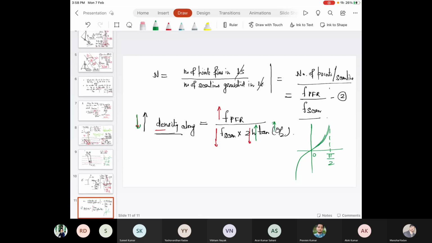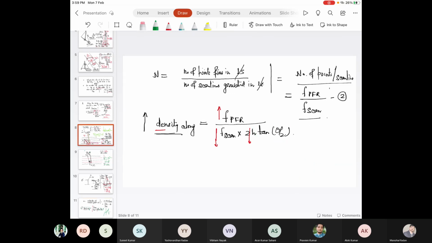So if you increase theta, tan theta will increase, and this will decrease the density. What does this mean? It means you should have a restricted field of view. Your mirror speed should be low, and you need to generate laser pulses at a high firing rate. Then only can you obtain dense points along the scan line.